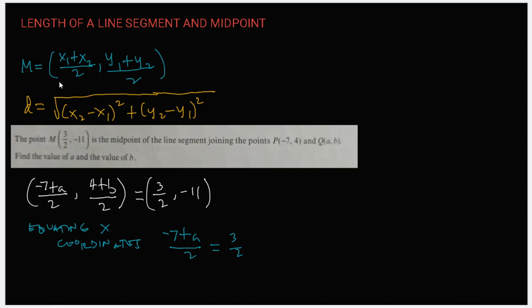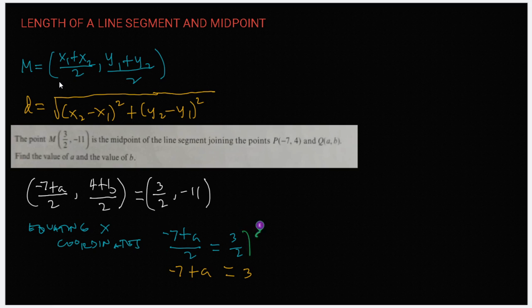Now, if we simplify this, we will have -7 plus a equal to 3. Just do cross multiplication, or you can multiply both sides by 2.